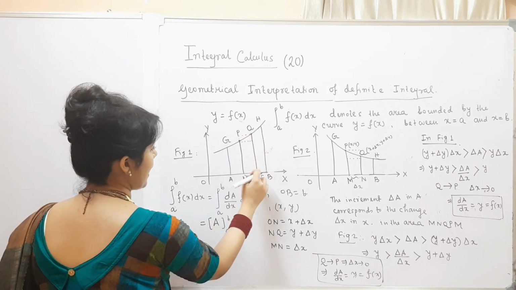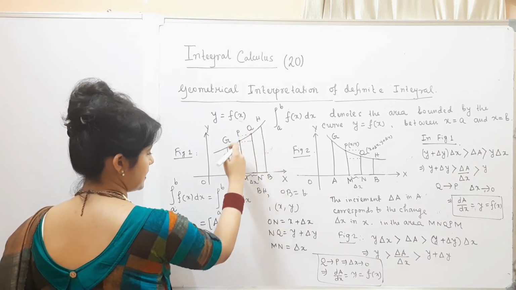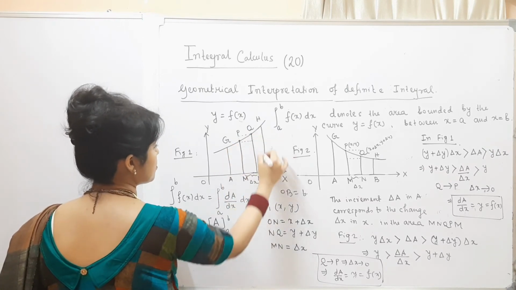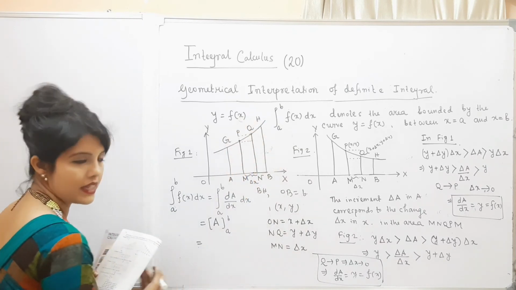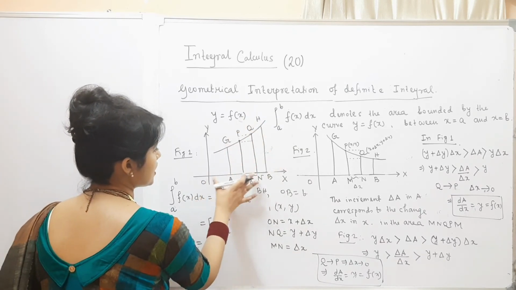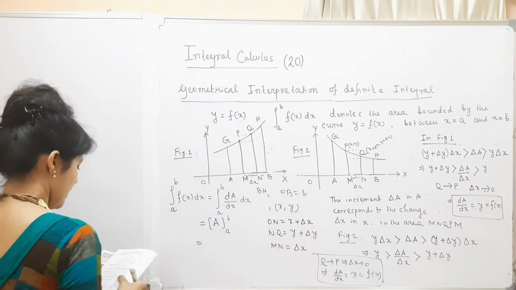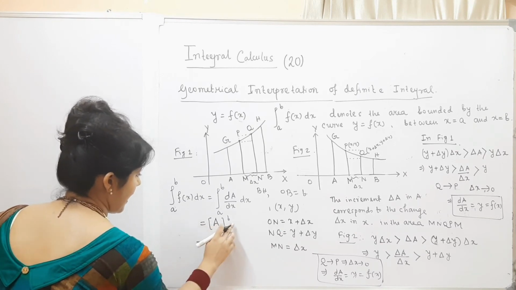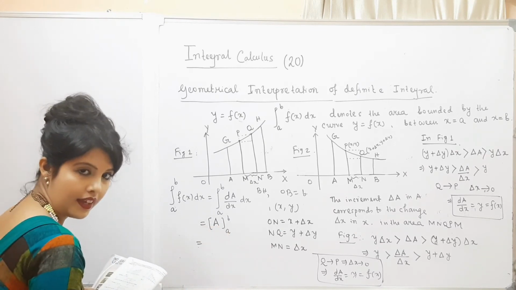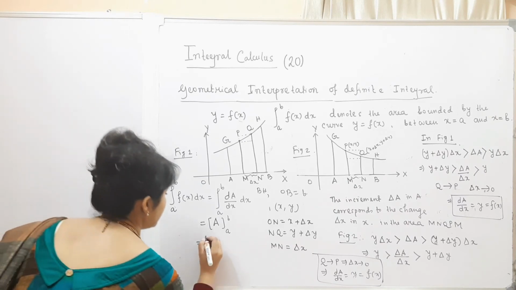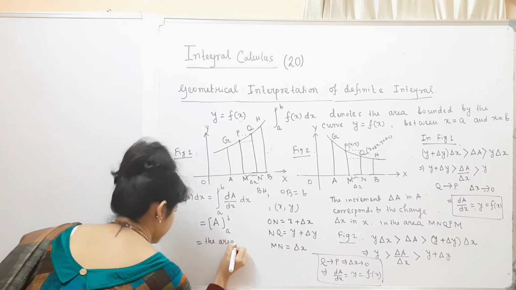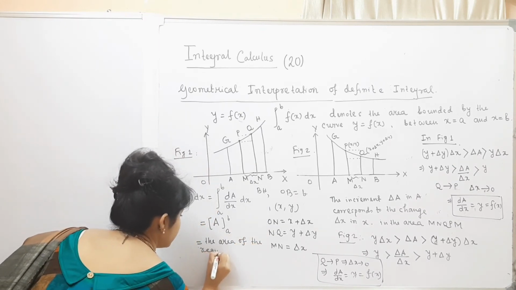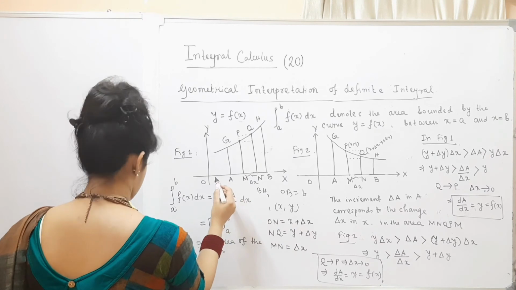So what I am doing, I am just finding out the area between these two fixed ordinates AG and BH, where this portion is equal to A and this portion is equal to B. So therefore this shows the value of A at B minus the value of A at small a. So therefore the area of the region, so what is the region?